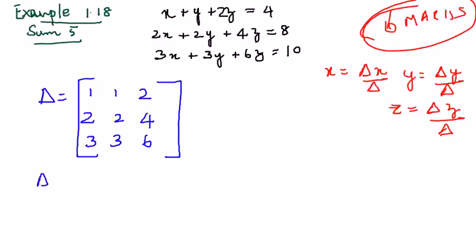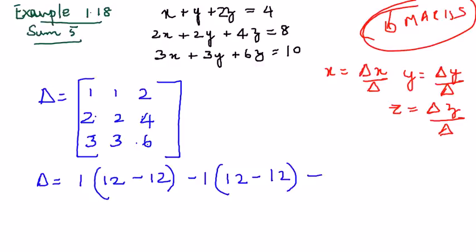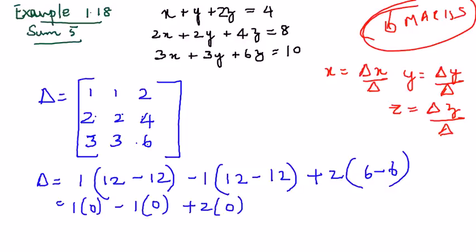So the value of this del will be equal to 1 into 2 into 6, 12, minus 4 into 3, 12 again, minus 1 into 2 into 6, 12, minus 4 into 3, 12 again, plus 2 into 3, 6, minus 3 into 2, 6. If you see, everywhere I get 1 into 0, minus 1 into 0, plus 2 into 0. So obviously del is equal to 0.